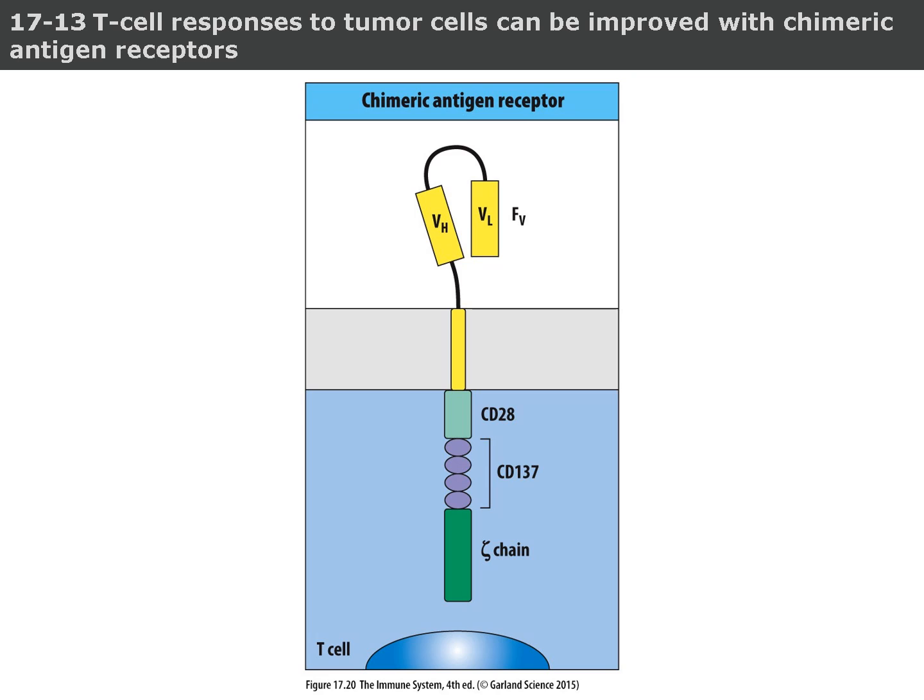This design allows T cells to directly recognize tumor antigens without the need for antigen processing and presentation by MHC molecules. Upon antigen binding, the receptor delivers strong activation signals, enhancing T cell proliferation, survival, and cytotoxic activity against tumors.